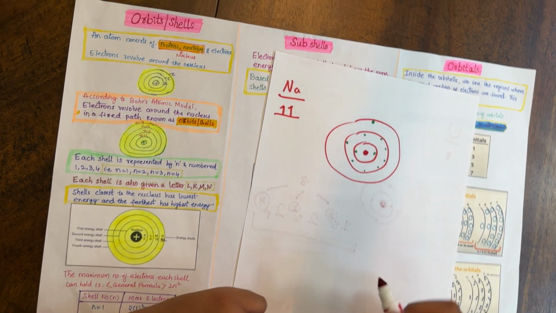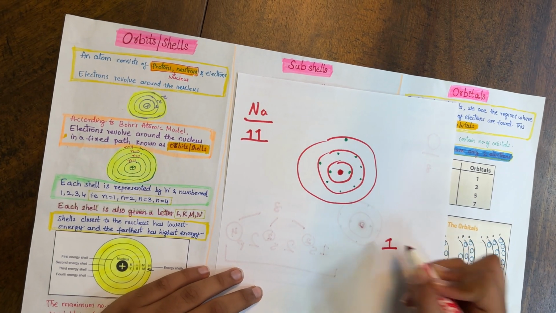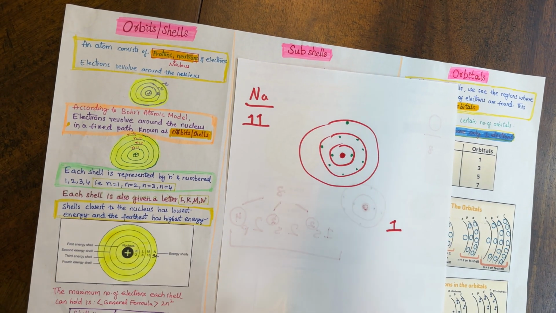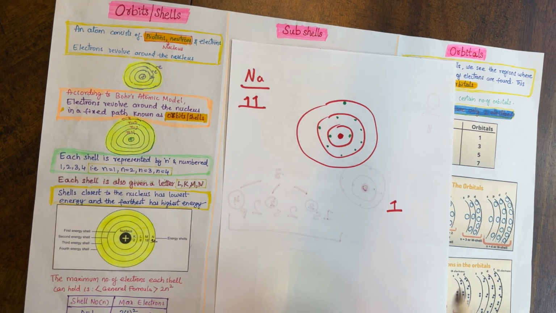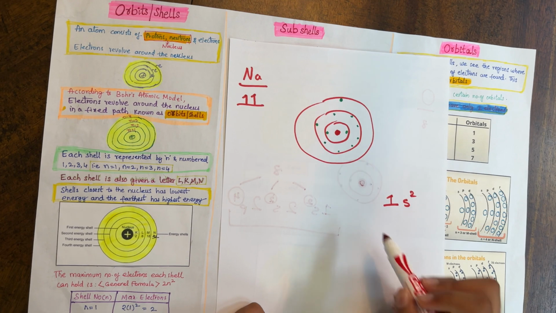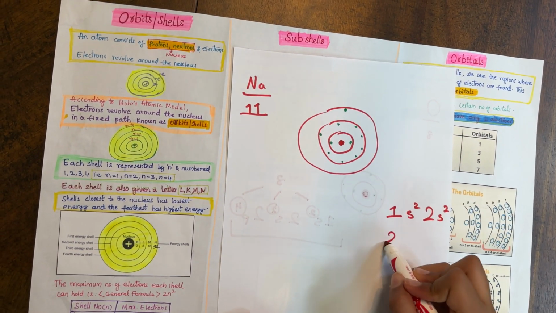Let's look at it again. On the first shell we would have 1, and since the first shell only has subshell S, we put S, and since there are 2 electrons, we put 2. Now we would have 2s squared, and then 2p.